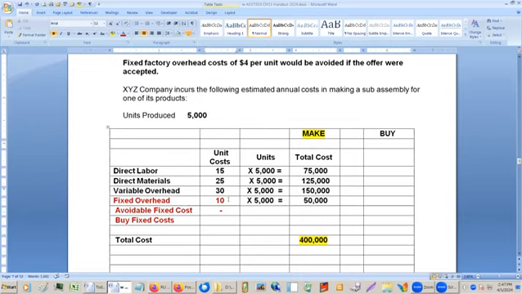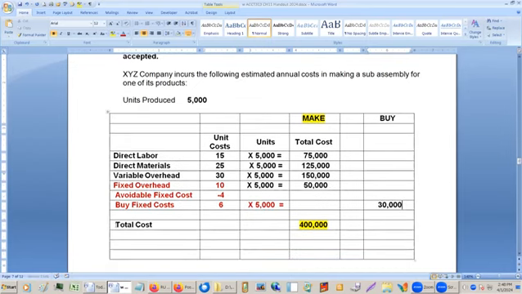Oops, I did it wrong. 695,000 was 30,000? Use 30,000. And I gotta move this down a little.